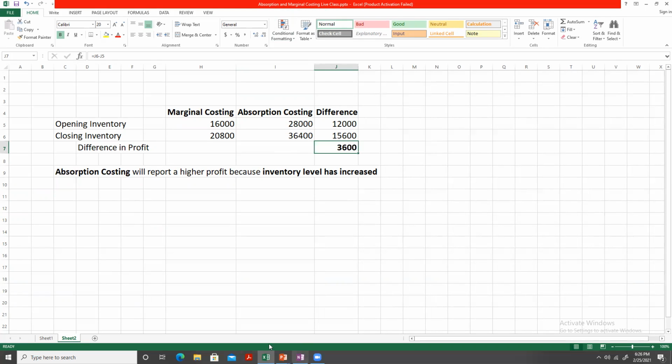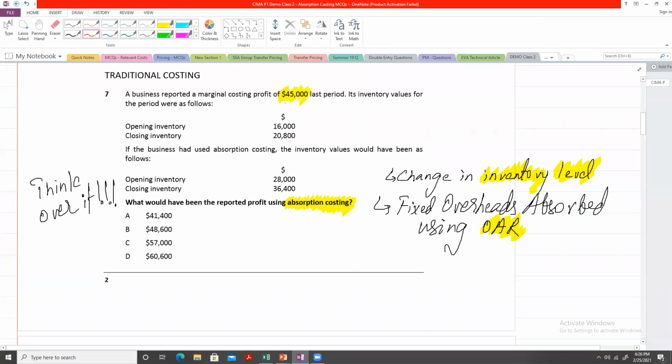So in the question, we are given the marginal costing profit. Simply we will add 3,600 to get the profit in absorption costing. Since the absorption costing profit will be higher by 3,600, that is 48,600. So this is the correct answer. 48,600 is the correct answer.